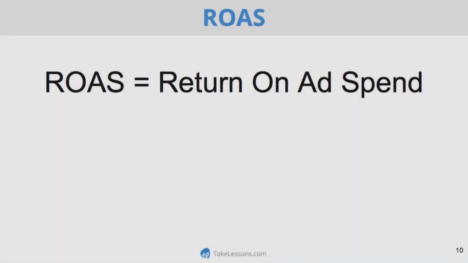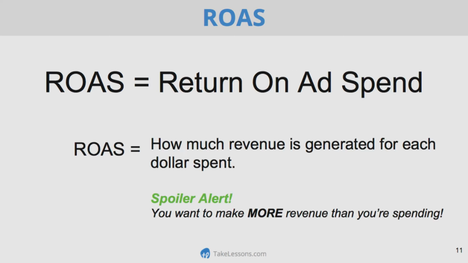ROAS. Now once you understand and know how much money that you're spending on advertising and how many customers the advertising is yielding, and then you also understand the LTV of those students, you can now calculate your ROAS, or Return on Ad Spend. ROAS measures the gross revenue generated for each dollar spent on advertising.